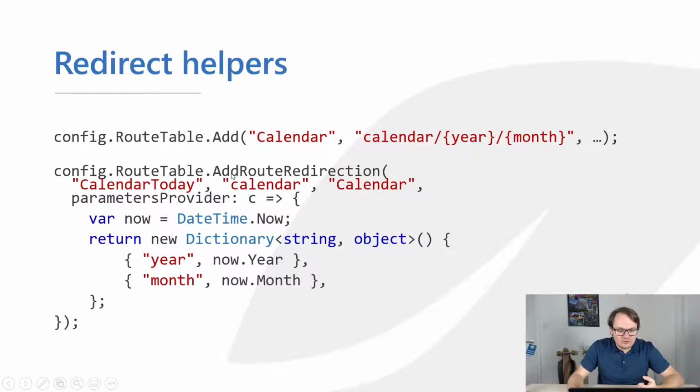Yeah, so you can use this route redirection. You can say if the user just enters calendar, we will be redirecting to the calendar route, which is this one with capital C. And there's a parameters provider, which is a function, and you can supply your own values for the parameters. So I'm saying year and month are taken from DateTime.Now. Yeah, so this will redirect to calendar/current year/current month. This is quite flexible, and you can also put any code, any logic here.